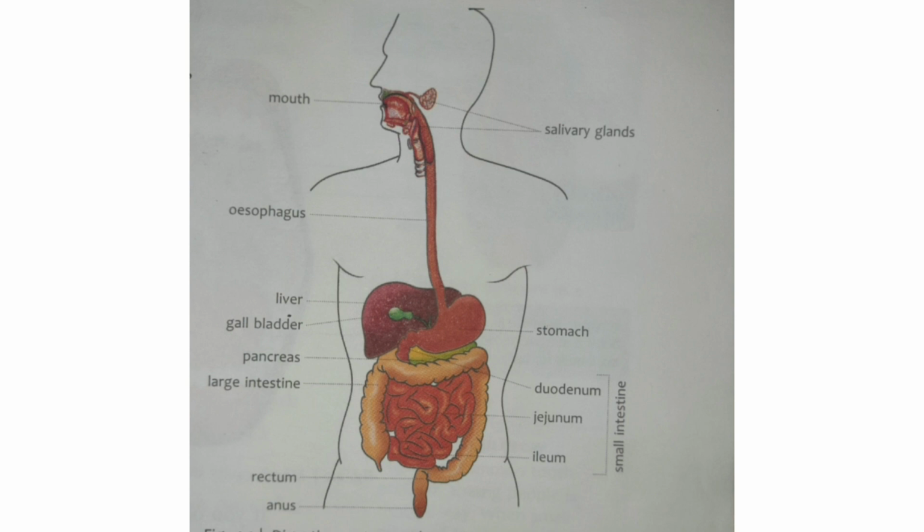And the large intestine is the broader area outside it, and it consists of the large intestine, rectum and anus. In this video we are going to learn about the structures of these, starting with the stomach.